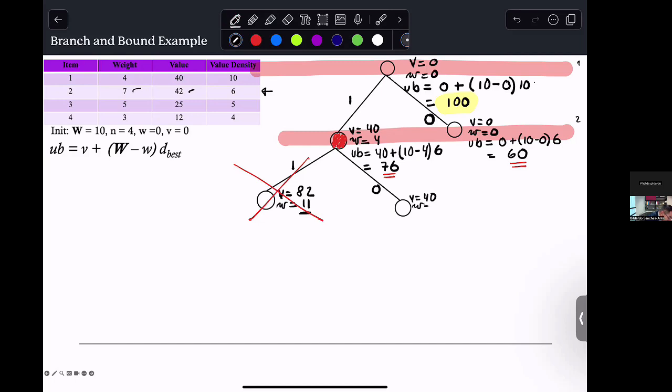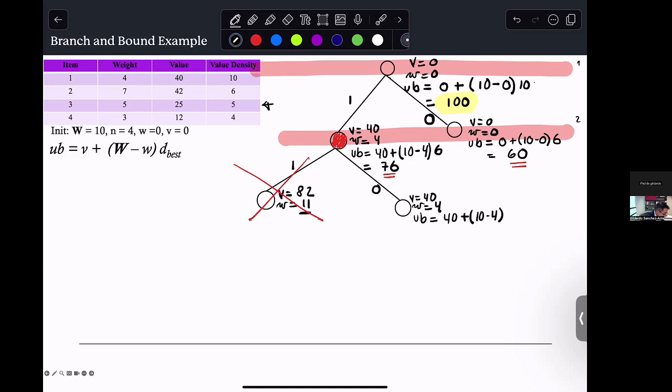W is still 4. But UV is going to be different because now we will have 40, I'm sorry, plus 10 minus 4. But we are now moving to the third item.